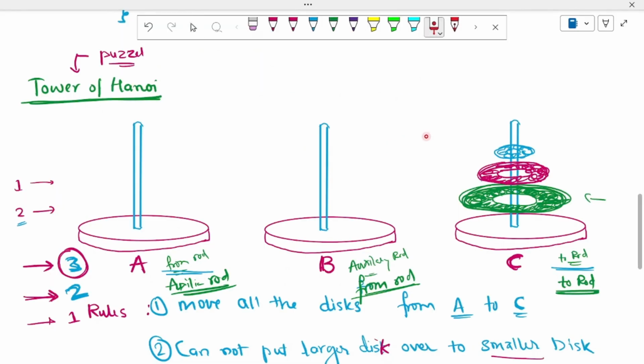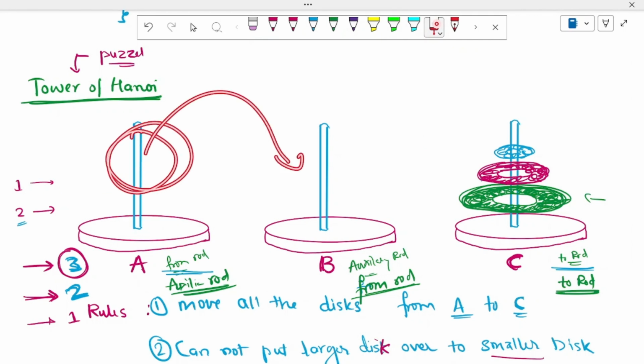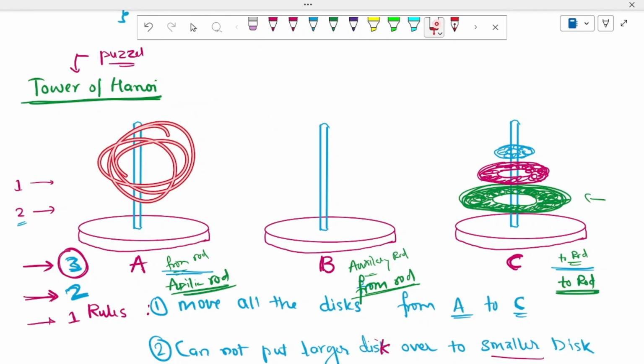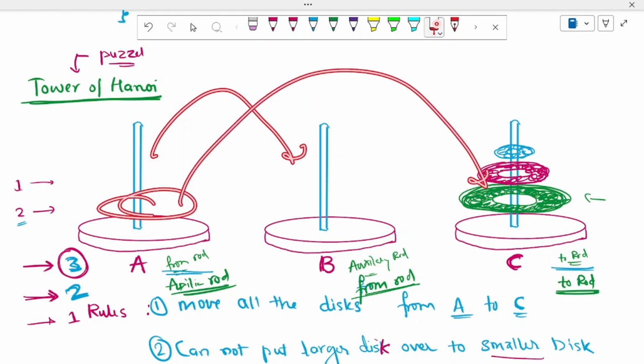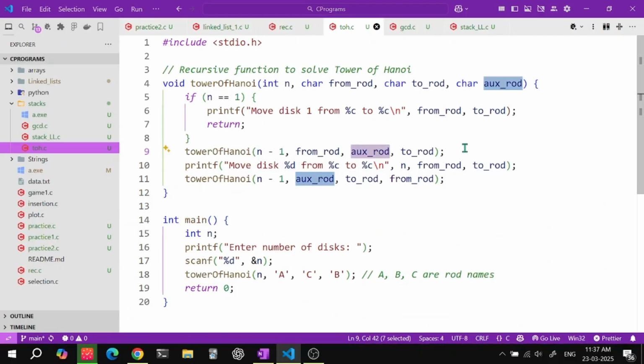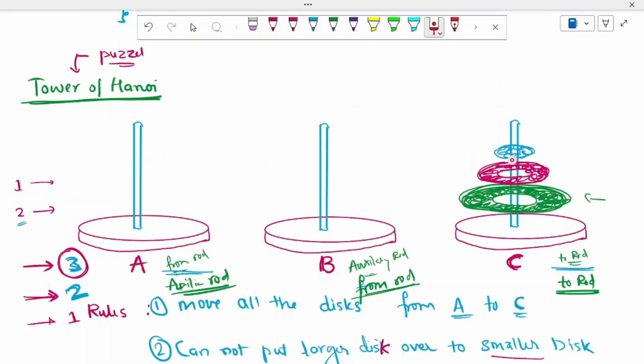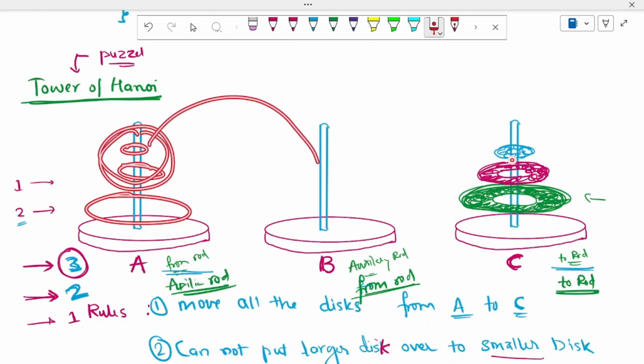You observe here. Initially what happened? We had 3 here. We moved these 2 here. That was our duty. We were supposed to move the upper 2 here and then the last one here. So you can see here, this function will help you to do that. We had 3, the top 2 were moved here and then the last one was moved here.